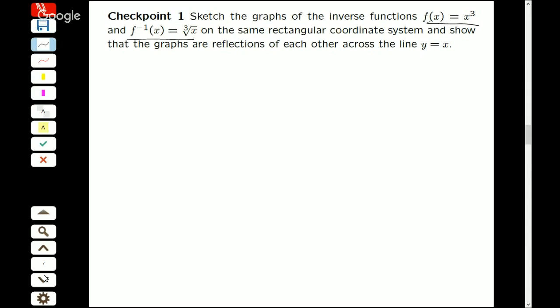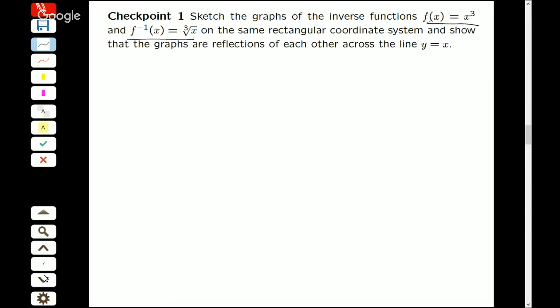So everything that's up here is going to go down here below. So what would this be? No, that's the square root of x. The cube root of x looks like the square root of x.